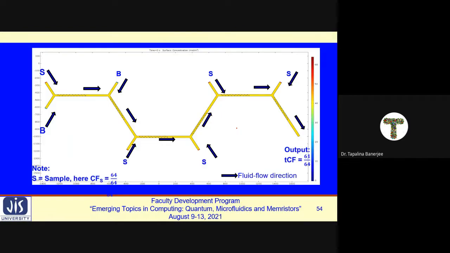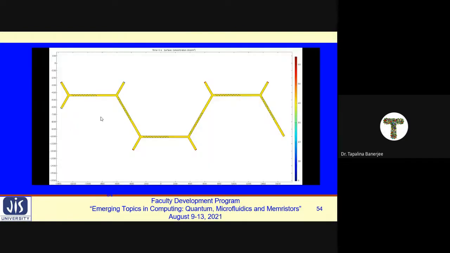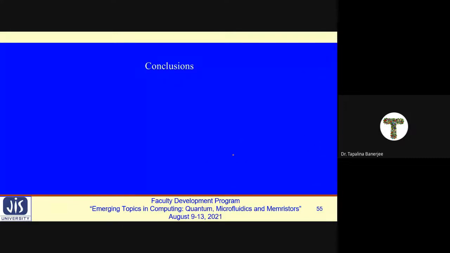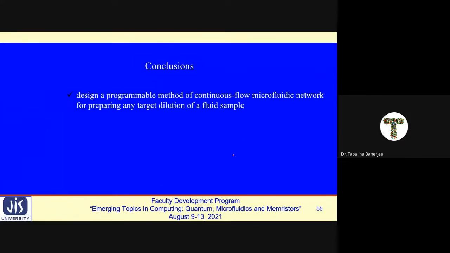So in this way, this is a simulation. Let's see the video of the simulation to see how this mixing occurred. You can see the changes of color based on the concentration change. Now, in conclusion, we can say that a programmable method for a continuous flow microfluidic network is possible.